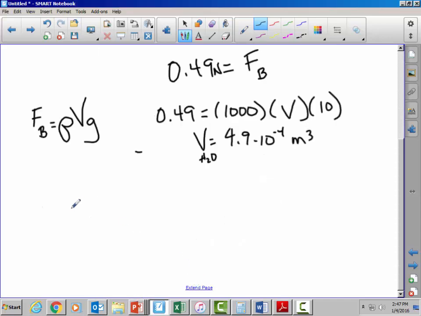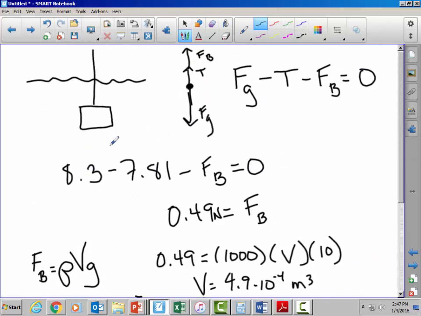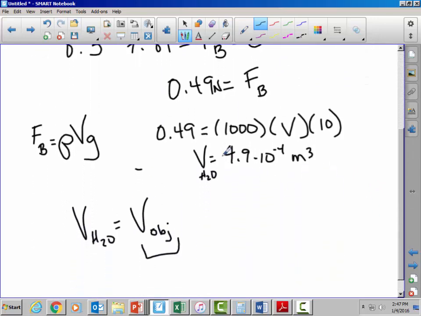So, what does that mean? Well, the volume of the water displaced is also equal to the volume of the object that is submerged. And in this case, the entire crown is submerged underwater. So, consequently, this is also the volume of our crown.